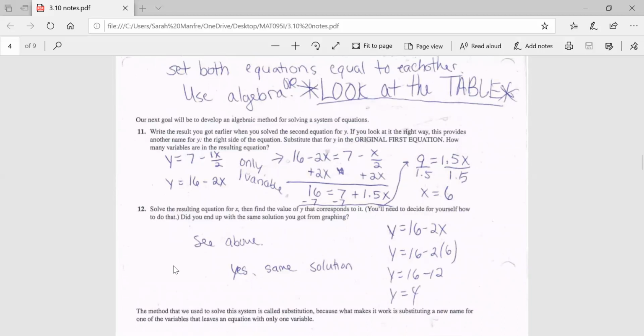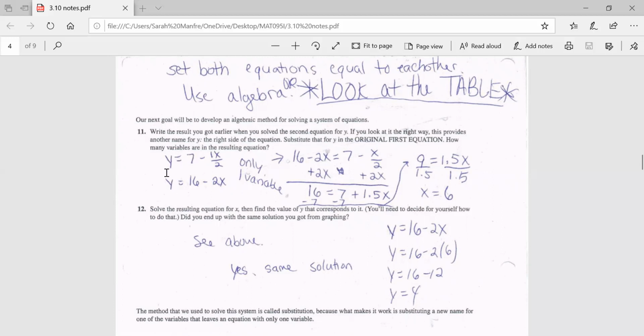Our next goal is to develop an algebraic model for solving the system of equations. So question number 11, write the result you got earlier when you solved the second equation for y. These are my two answers that we got up above, right in the beginning, maybe question 3 or 4. Since both of these are set equal to y, they should be equal to the same thing.